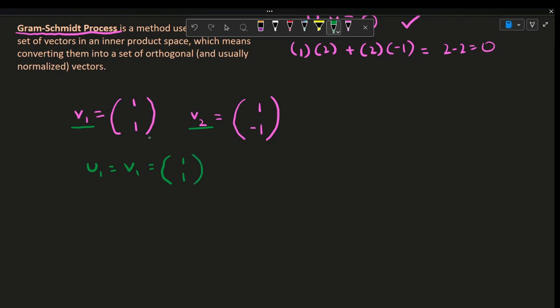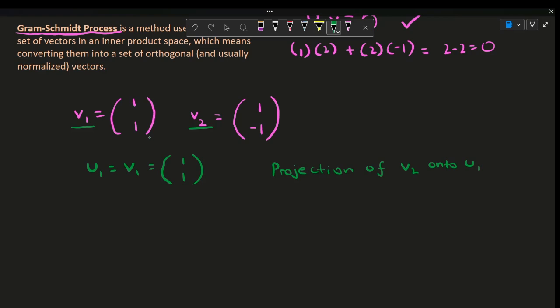Our first step is to subtract the projection of v2 onto u1. Don't worry if you don't know what the projection is. I'm going to be explaining it right now.